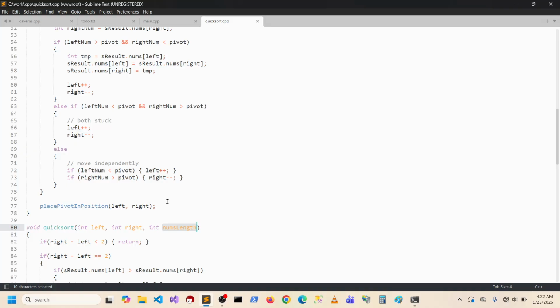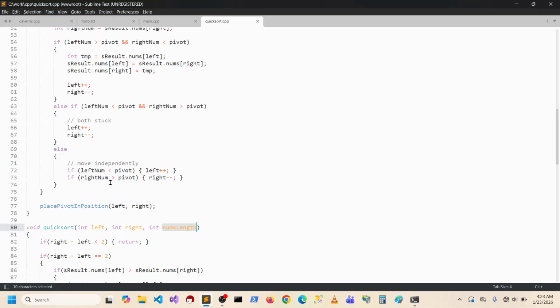I wonder if we should place pivot. Well, no, we'd have to track it after that. So basically what I've got here is I'm partitioning a certain range inside the array.